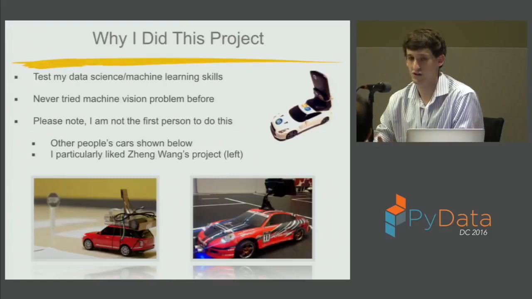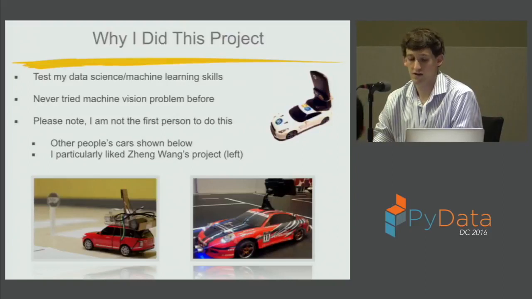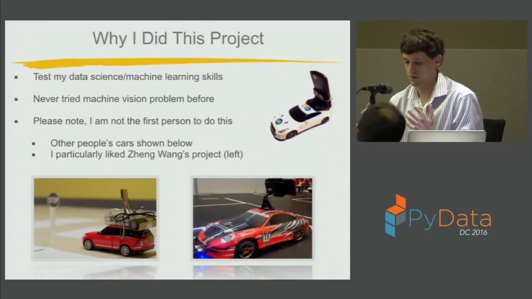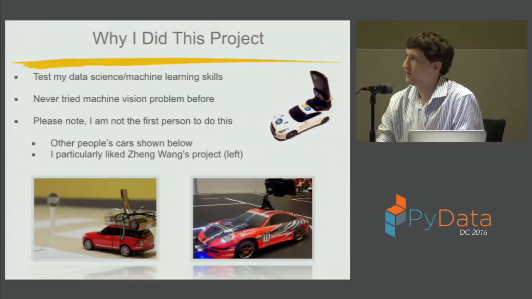Most of my data science and machine learning work has been with gradient boosting or decision trees or linear models, stuff like that. And I never actually used deep learning, or in particular neural networks, which are very, very popular these days. So I wanted to see how I could play around with that.